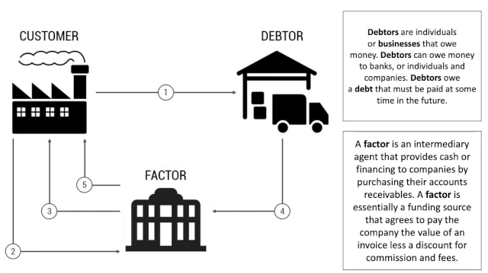So they're not going to collect it for free. If a company owes £100,000, the debt factor is not going to just chase that £100,000 to give back to that company. They will obviously charge for that. So they'll buy the debt but at a discounted rate, or they'll include commission or fees.